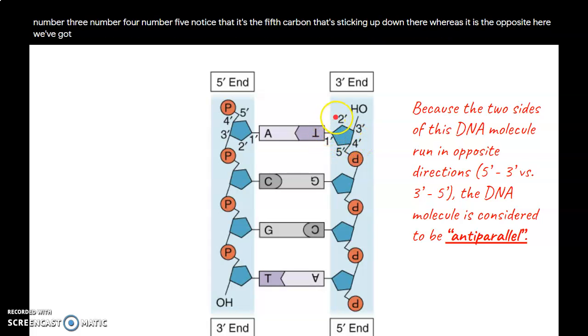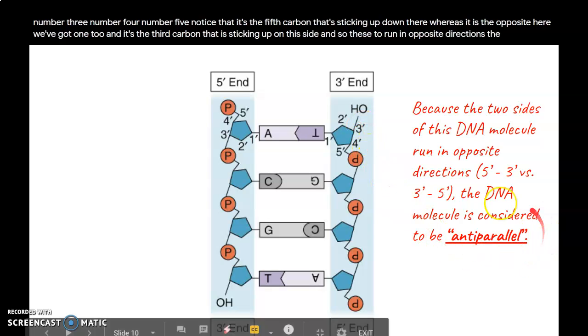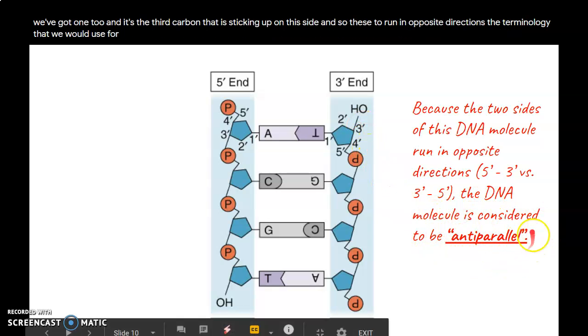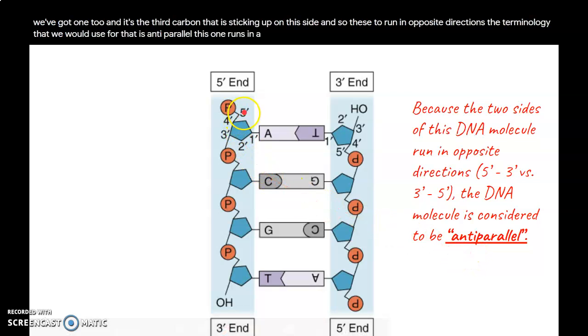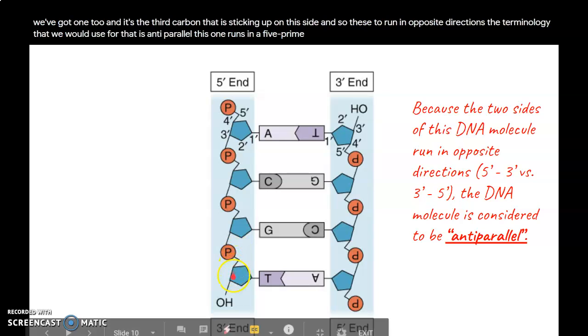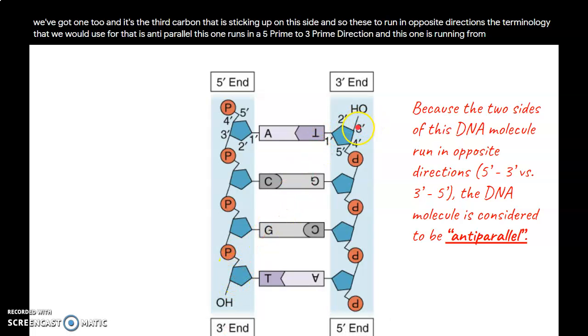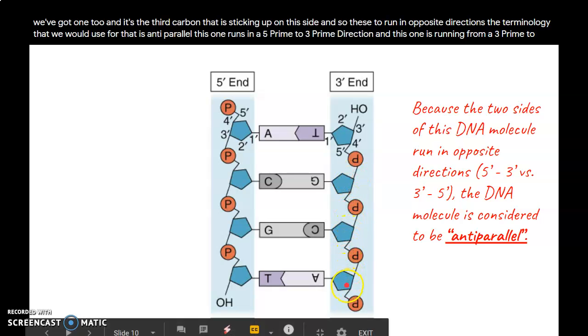We've got 1, 2, and it's the 3rd carbon that is sticking up on this side. And so these two run in opposite directions. The terminology that we would use for that is anti-parallel. This one runs in a 5' to 3' direction, and this one is running from a 3' to a 5' direction.